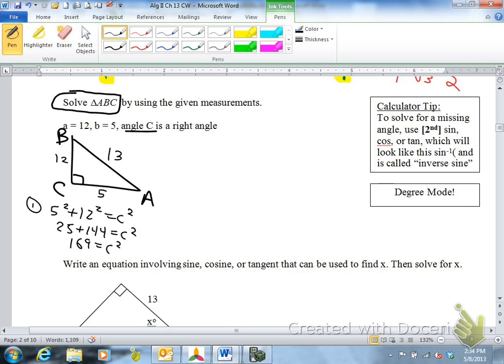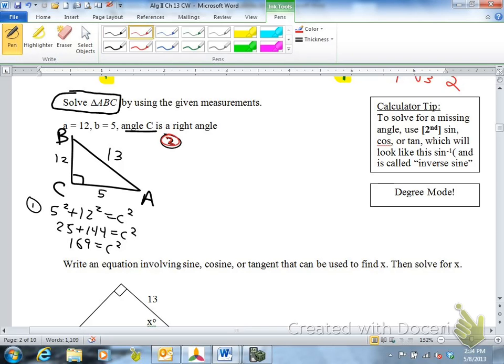And then number 2, we'll solve for angle A. I like to pick the angles in alphabetical order. If I have a choice between A or B, I'll pick A, just because it's first in the alphabet. So with angle A, you can pick any of the 3 trig ratios: sine, cosine, or tangent.